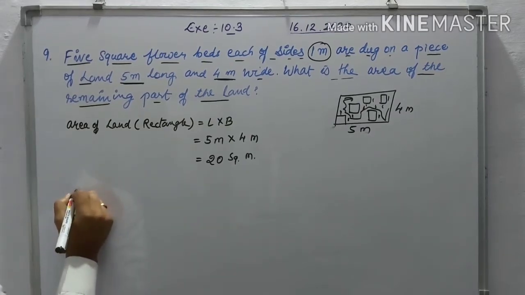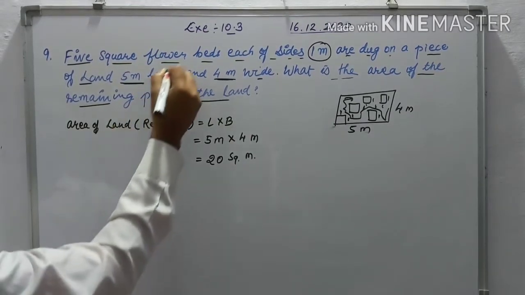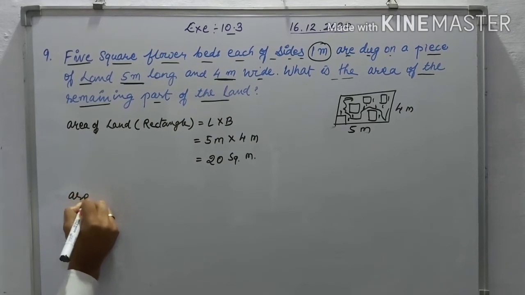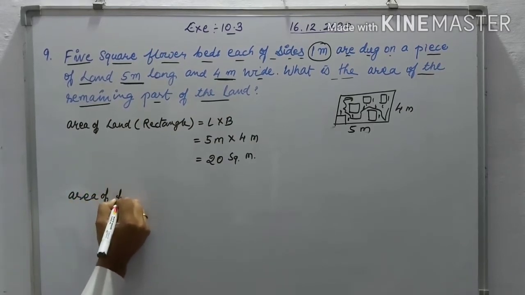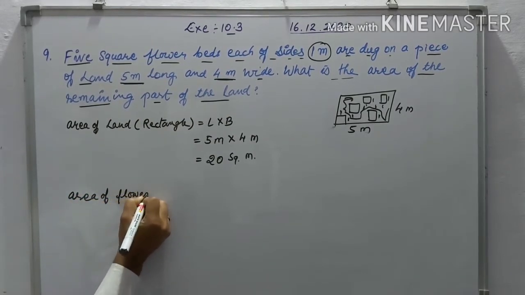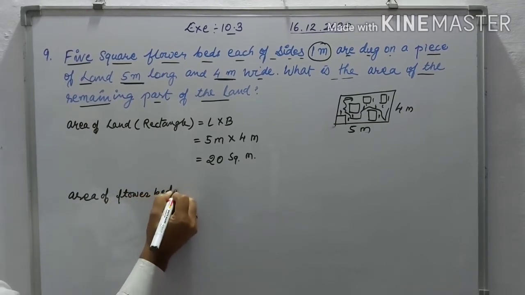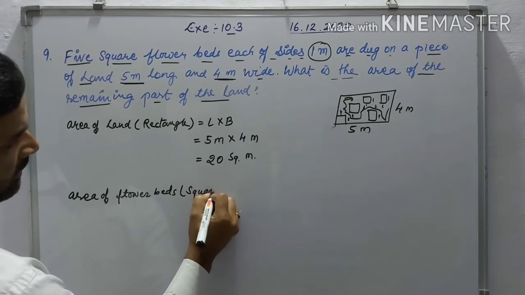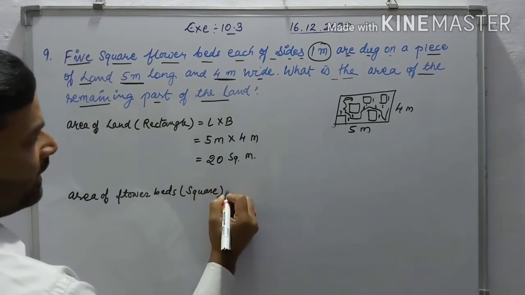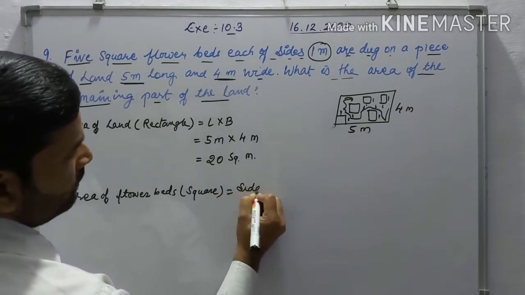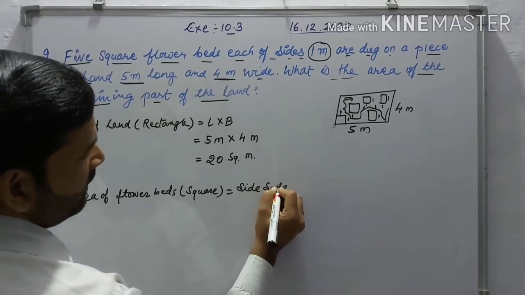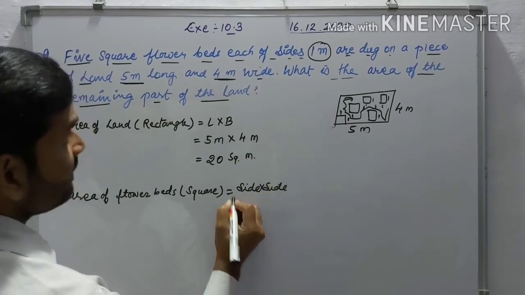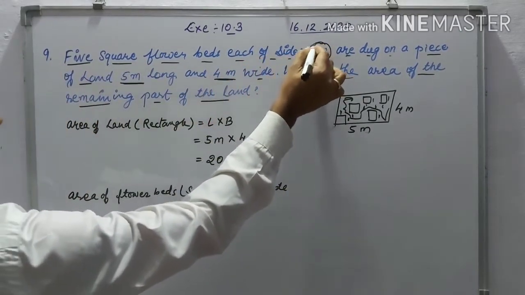Okay, now second, find the area of the flower beds, which are in the shape of a square. For a square, area is side into side. The side is how many meters? 1 meter.